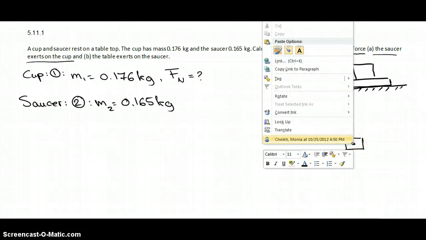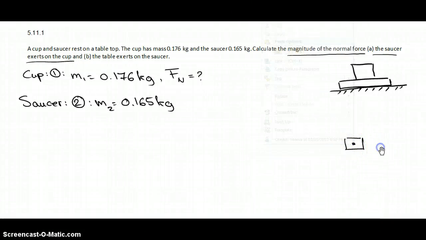There is the weight of the cup, that's correct. And there is also the normal force on the cup. I'm going to call it Fn1 because I'm talking about the cup or my object number 1.